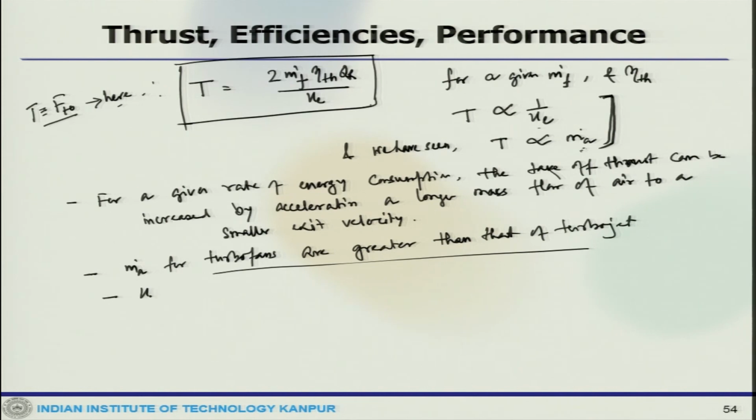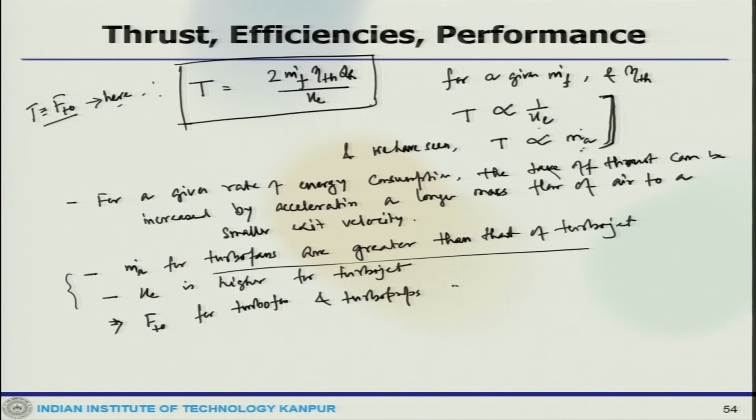But U E is much higher for turbojet. Now, combining this, one can think that the takeoff thrust for turbofan and turboprop is much higher compared to turbojet.